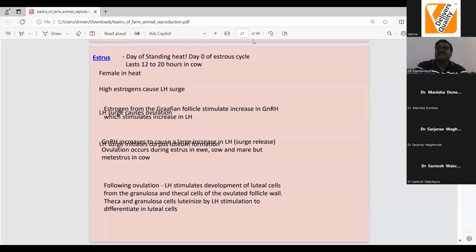He has detected 75 animals in estrus, but only 70 were truly in estrus and 5 animals were not, but still he recognized them as in estrus. That is his accuracy. With closer observations, 100% efficiency and 100% accuracy is required from the owners. Both the parts are related with the owners.